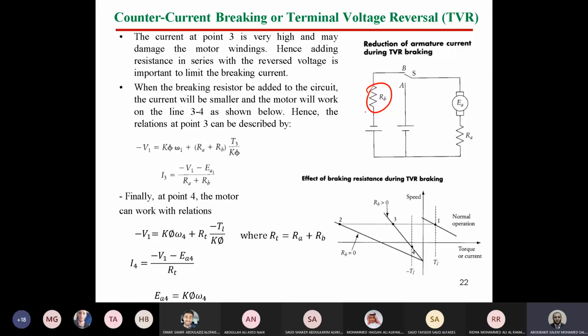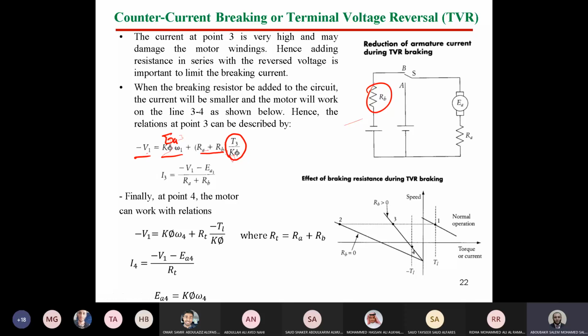So in this case, we can consider that the value of braking current is twice of the armature current at full load. So if we add the resistance, what will be the relations now? We can say now minus V, because the voltage is reversed, equals Ka phi, which is EMF, plus Ra plus Rb, multiplied by current, which is torque, over the value of Ka phi.